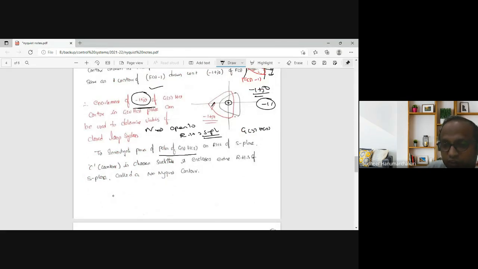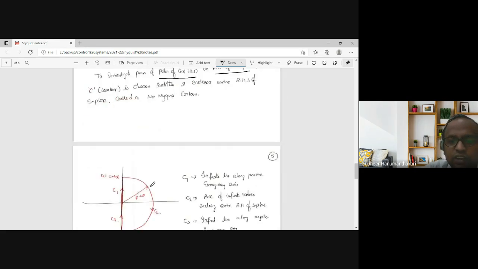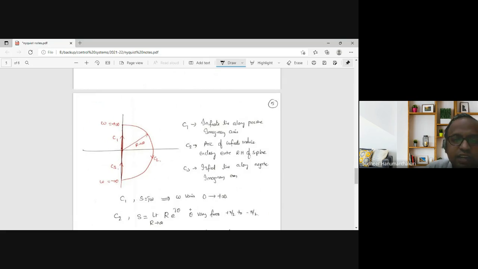So what we have to do, to investigate the presence of poles of g of s into h of s on the right hand side, is select a contour such that it will cover all the poles and zeros on the right hand side of the S plane. Very simple: I'll take my compass with infinite radius and draw the arc such that it covers the entire right hand side of the S plane. So how can I cover the entire right hand side?